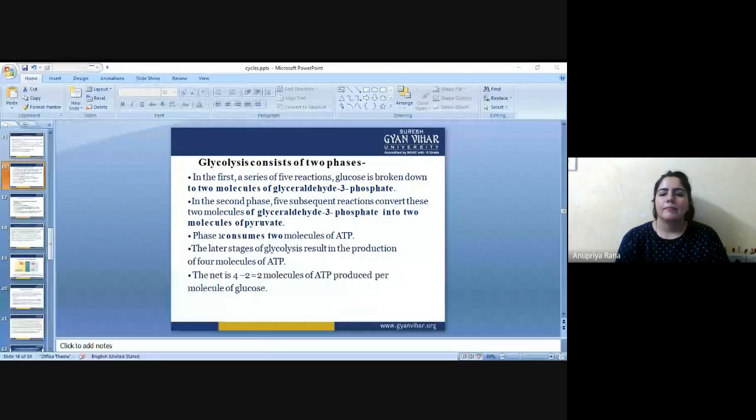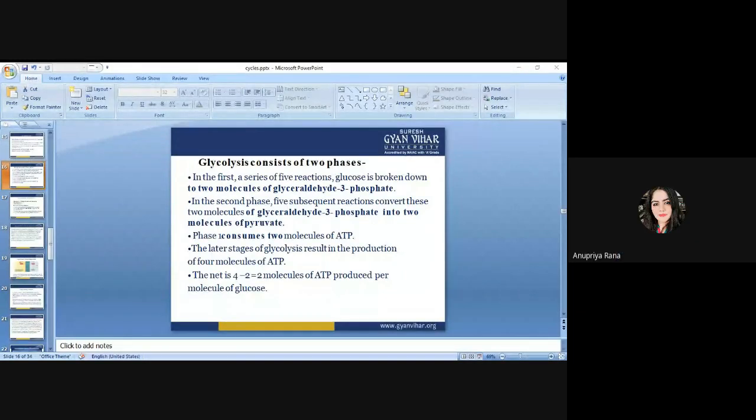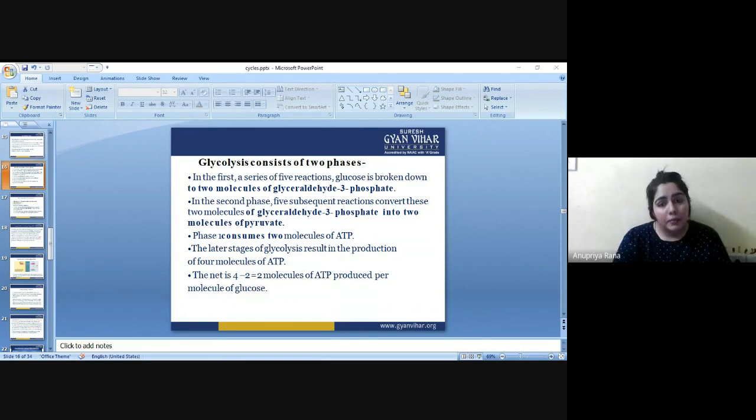If we talk about glycolysis, we are going step by step, but basically there are 10 reactions, 10 intermediate reactions, and the final product of glycolysis is pyruvate.